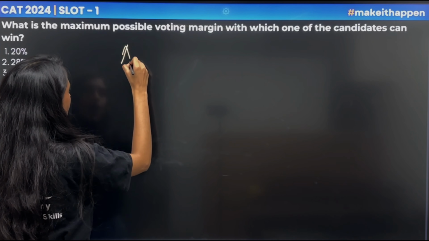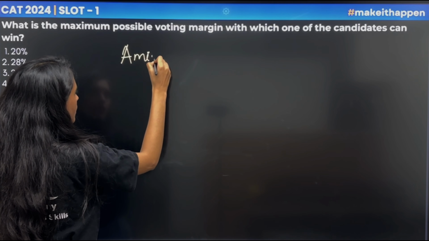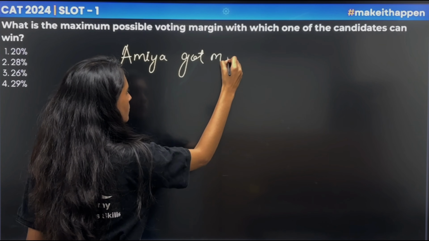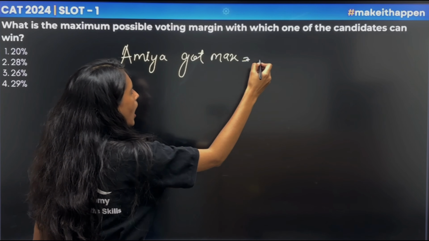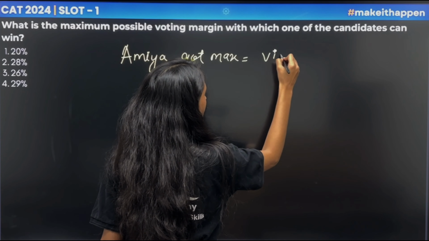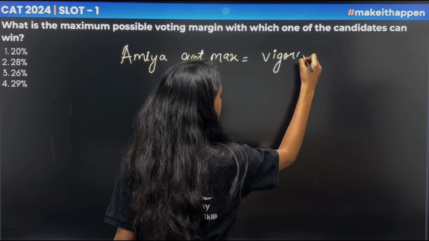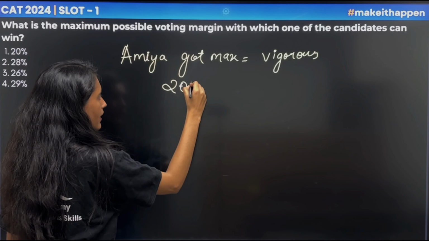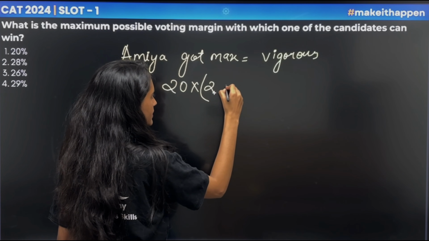Okay, so let's assume Amya got the maximum possible, that is Amya got a vigorous campaign. So if Amya got a vigorous campaign, we can conclude that the other one got a staid campaign.